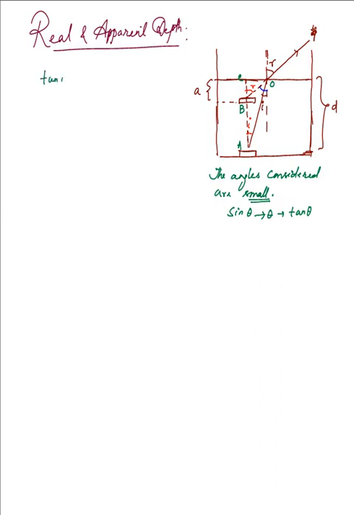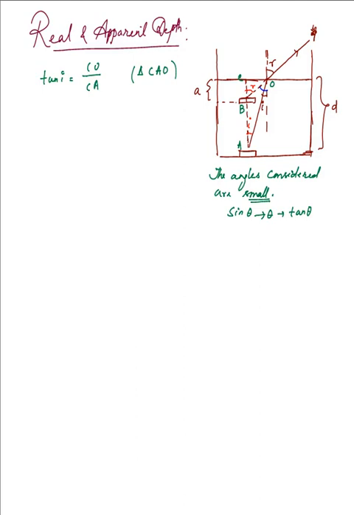Tangent of I in this case is in the triangle CAO. It's a right angle triangle with the right angle at the point C. So tangent of I in that case is equal to the perpendicular CO over the base, which is CA, that is attached to the angle.